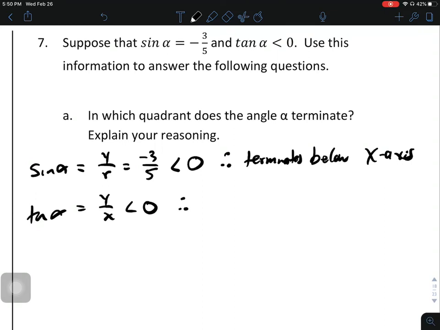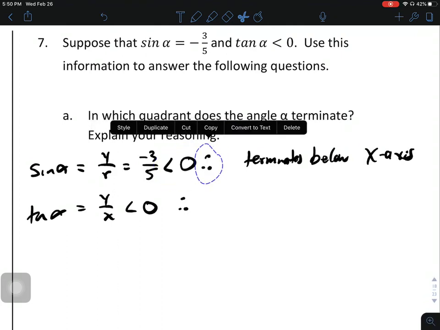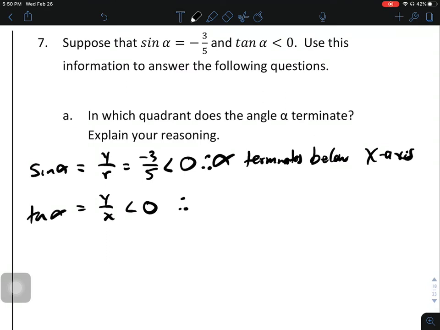If that's less than 0, then that tells us that y and x have to be different signs to make that negative. Whoops, I left something out here in this previous one. I said terminates below the x-axis. I didn't say what terminates. Alpha. So for tangent of alpha, that tells us that alpha terminates in quadrants 2 or 4.